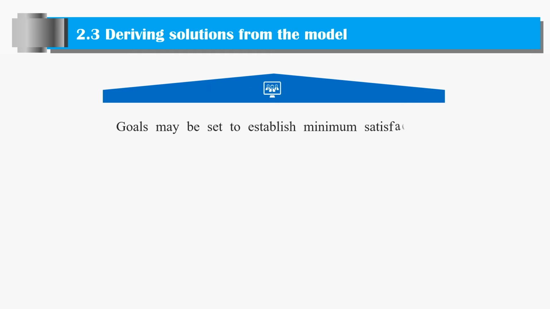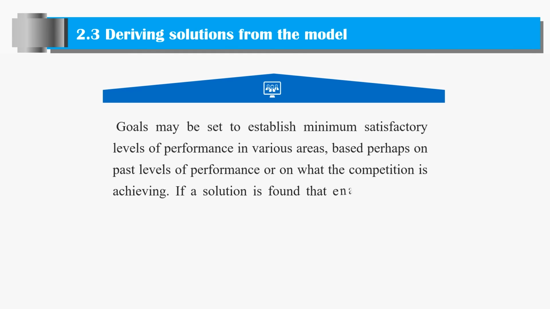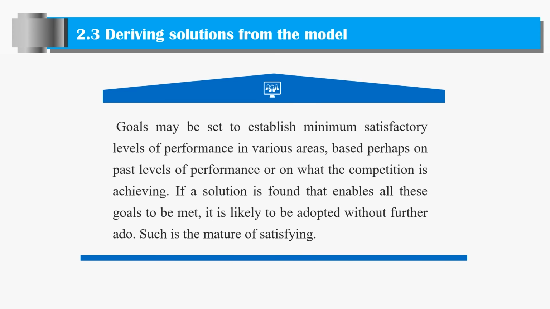Goals may be set to establish minimum satisfactory levels of performance in various areas, based perhaps on past levels of performance or on what the competition is achieving. If a solution is found that enables all these goals to be met, it is likely to be adopted without further ado. Such is the nature of satisficing.